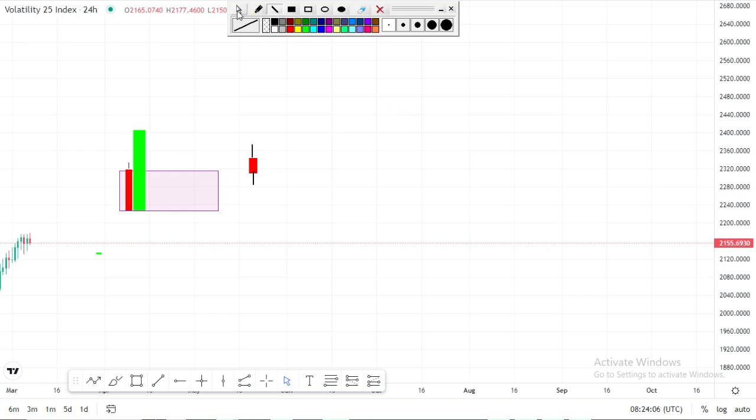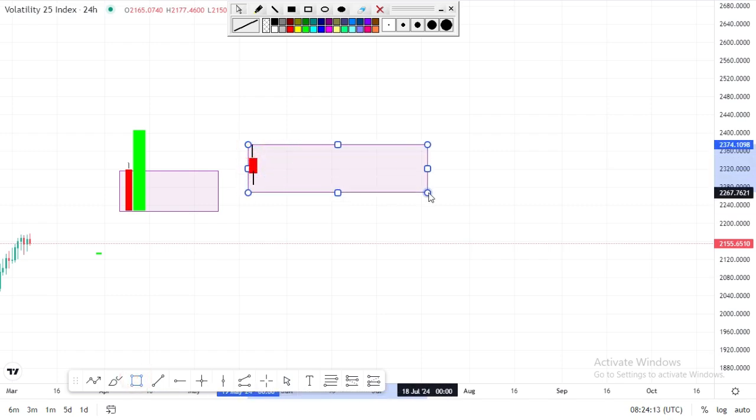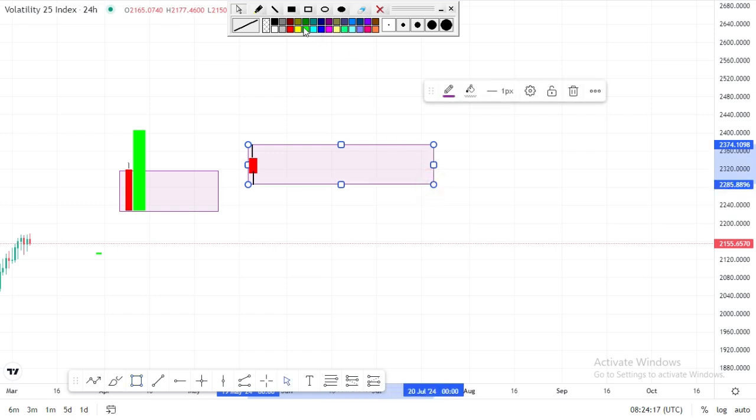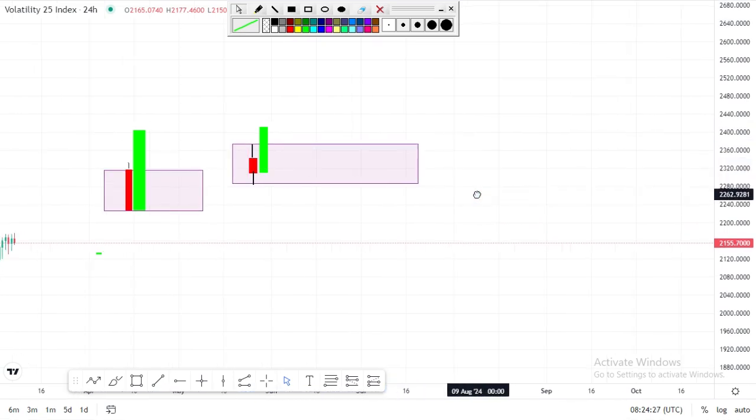For this order block, I want you to focus on the high and the low of this wick. So this is going to be your order block, after a bullish candle. Once you have this bullish candle above this way, this becomes our order block for this one. So you are not just going to mark the body, but you are going to include the wick.